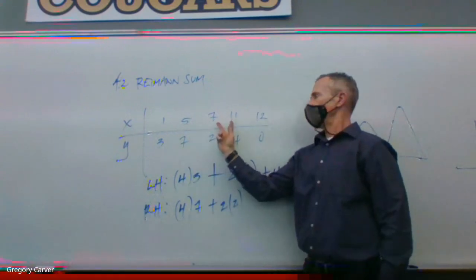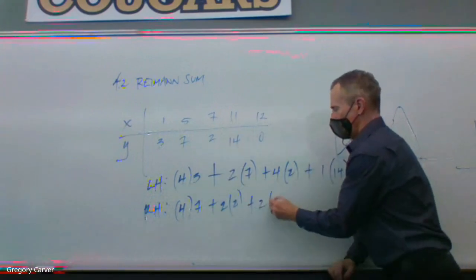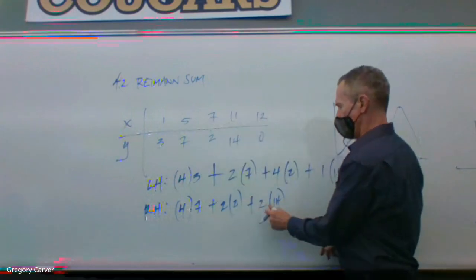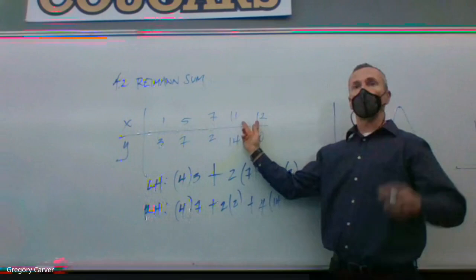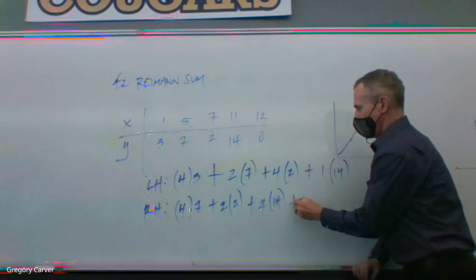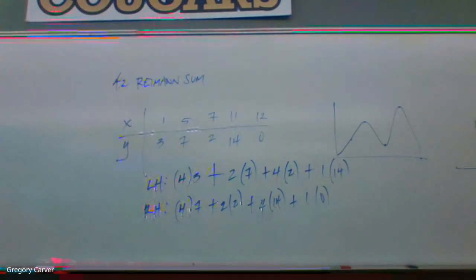Plus the next one is going to be 2 times 14. Next one. Oh, sorry, that's not 2. That's 4, right? Times 14. The next one will be 1 times, do it right here, 0. That's it. Pretty easy.